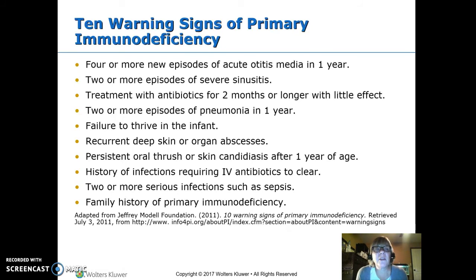So kids with primary immunodeficiency, we didn't cause this with a medication, they just have it.